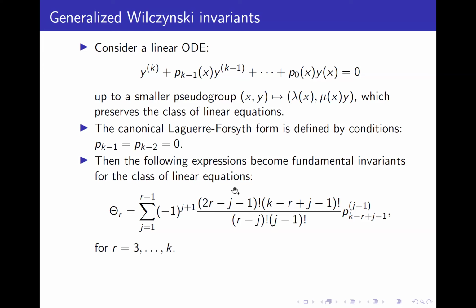These terms are factorials, a little bit similar to Clebsch-Gordan coefficients, and they come from certain SL2 representations. The rest is just derivatives of the remaining coefficients with respect to x. If you do this carefully, as Wilczynski did, you find out that these expressions are exactly relative invariants of this class of equations, and moreover, they form a fundamental system of invariants, which means that our equation is trivializable, it can be brought to a trivial one, if and only if all these expressions vanish identically.